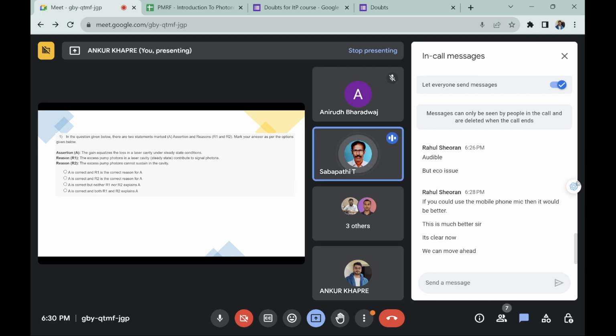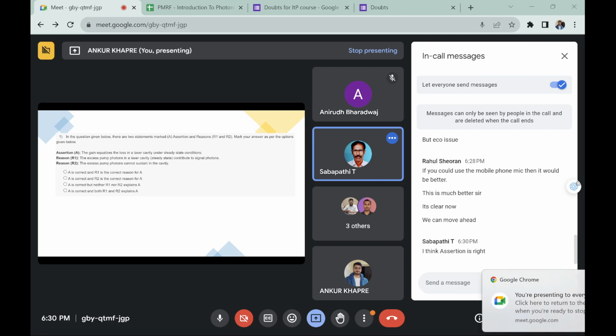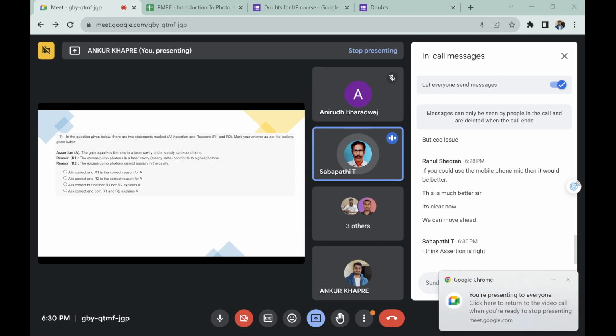I think assertion is right. Okay, so reasons, can you tell me? Rahul, what do you think about this? I think reason R1 is correct.